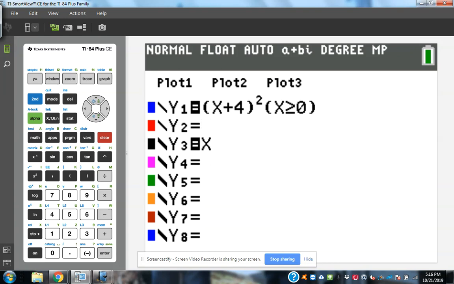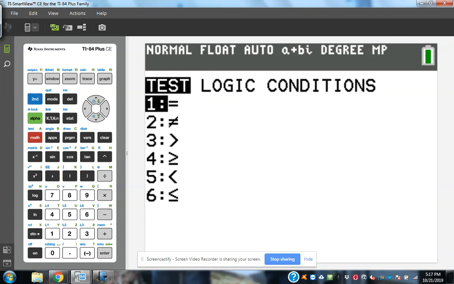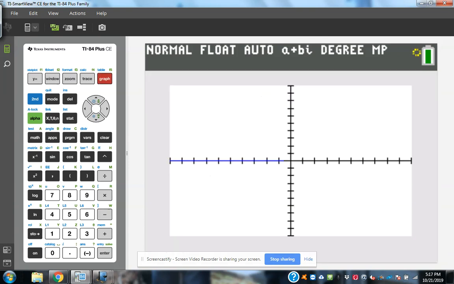And then the next function is the square root. So I'm going to open up a set of parentheses and put square root of 4 minus x. Then I'm going to close those parentheses, and then put another one of those, x greater than or equal to 0. And I'm going to hit graph. See if I did it right.